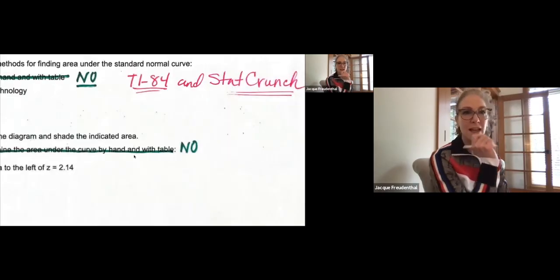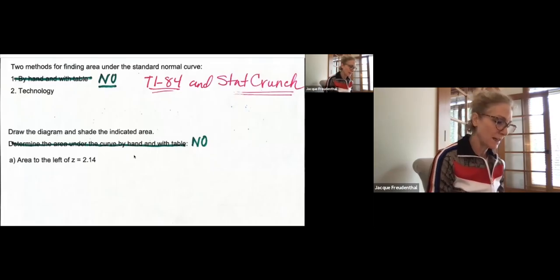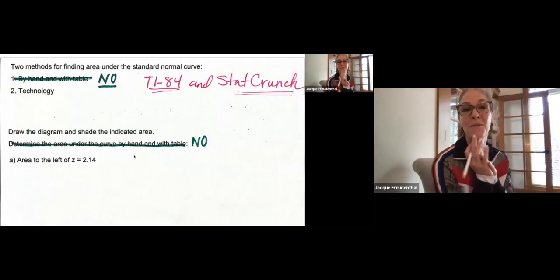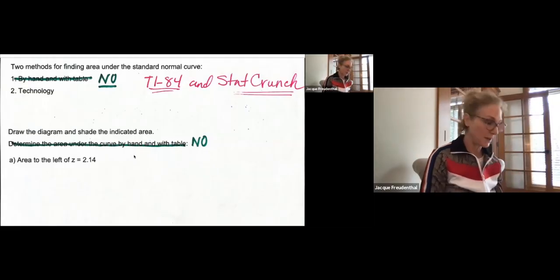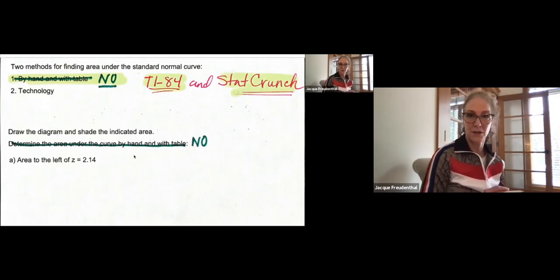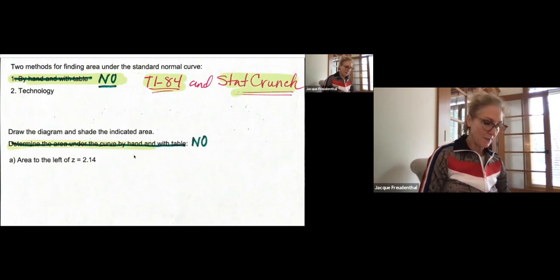Now, the worksheet that I gave you says in there that we're going to find these probabilities, and yes, they actually are probabilities. So we're going to find the probabilities just by technology. I'm not going to do it by hand. I'm going to show you by the calculator and by StatCrunch, 2 ways there. I am going to have you draw the diagram, but I'm not going to do anything by hand or with the table.